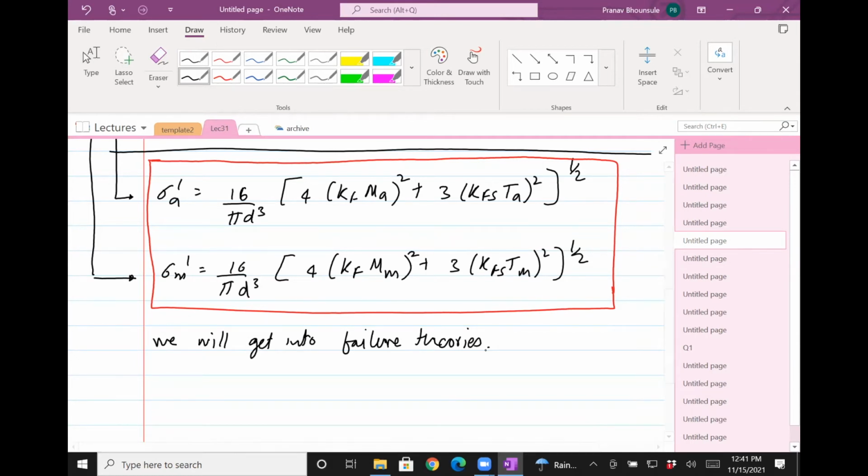We still need to use the failure theories, the failure criteria, to figure out if this material is safe, or if you have a factor of safety, what a good factor of safety is. So this is actually taking what we learned in chapter 5, the distortion energy theory, and combining it with the failure criterion we did in chapter 6, into a combined theory.